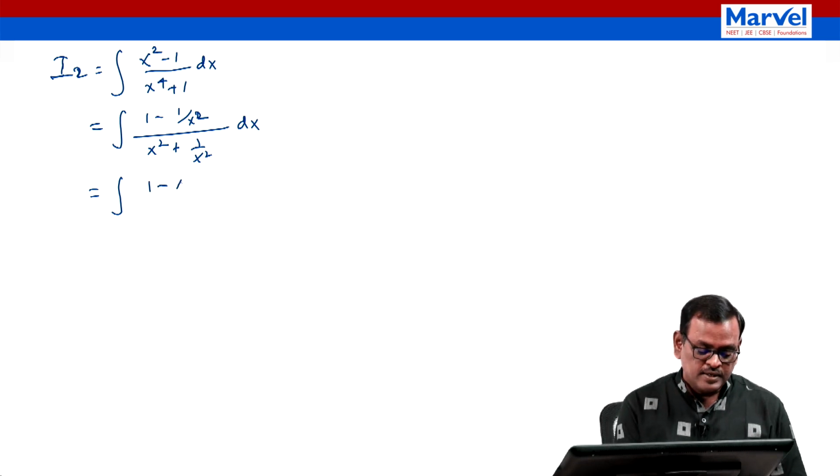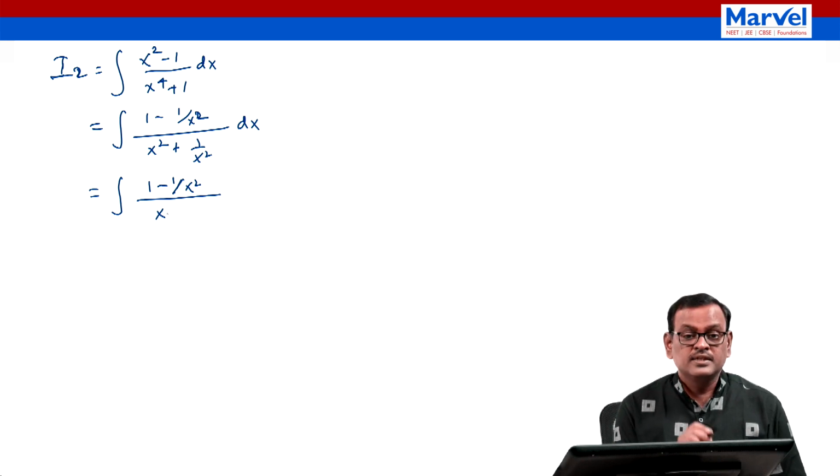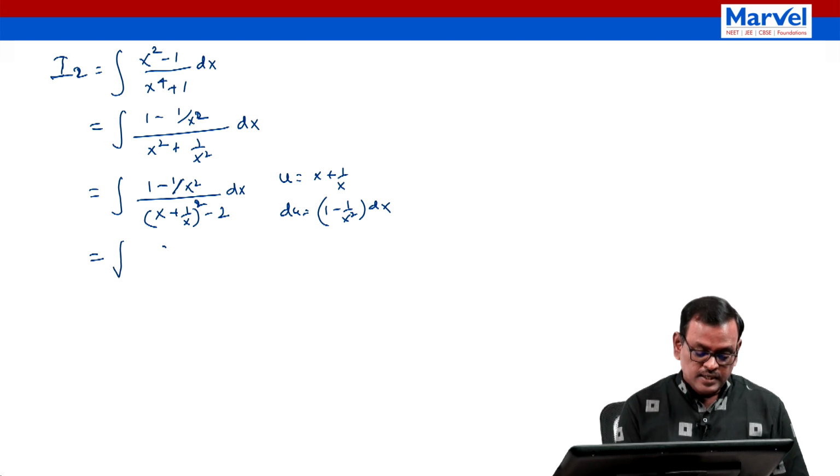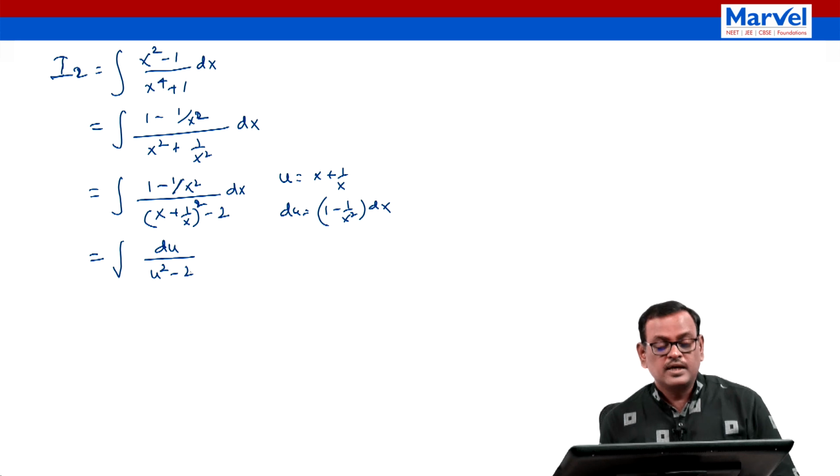Therefore, we can write 1 minus 1 by x square by, this is very important, x plus 1 by x the whole square minus 2 dx. Put u equal to x plus 1 by x, du equal to 1 minus 1 by x square dx, which is equal to integral of du by u square minus 2.